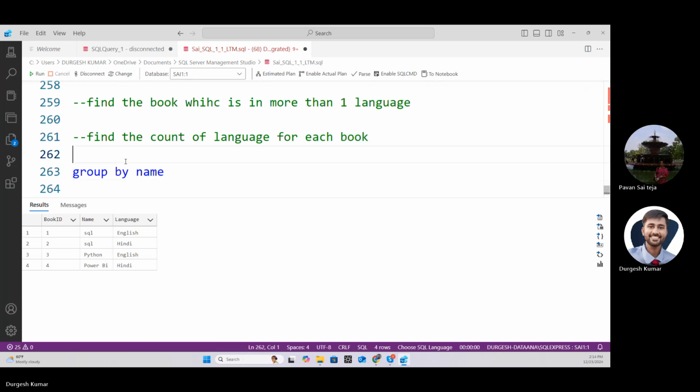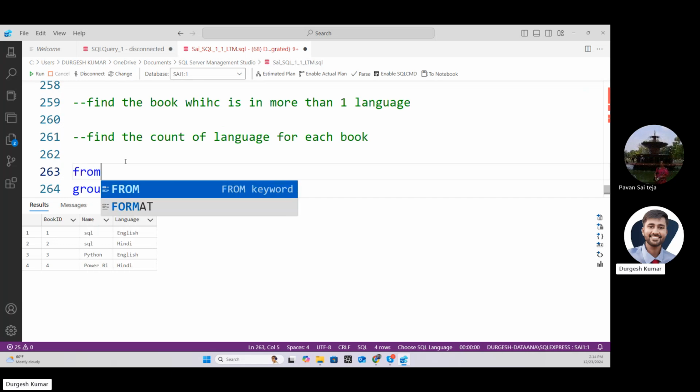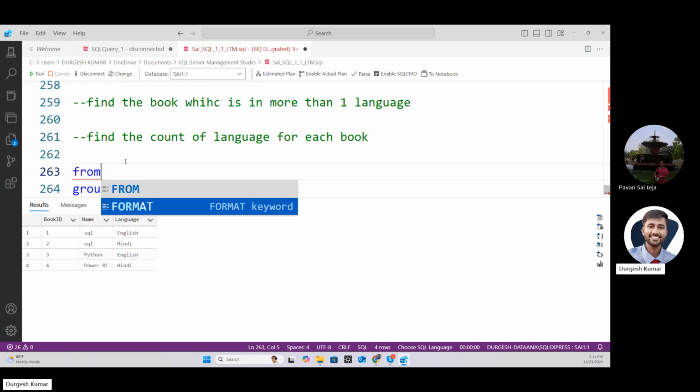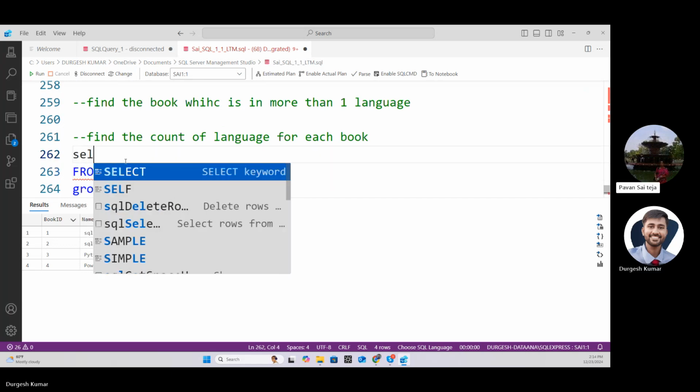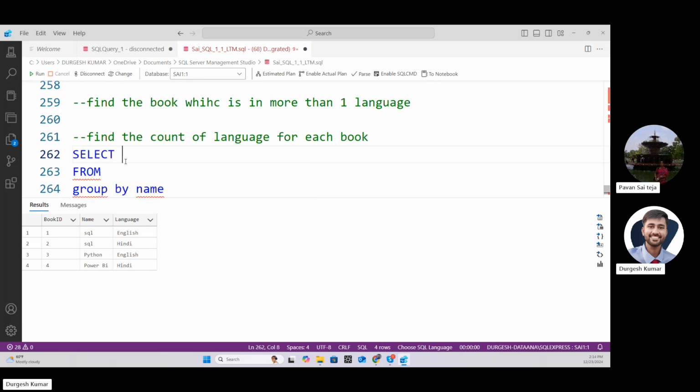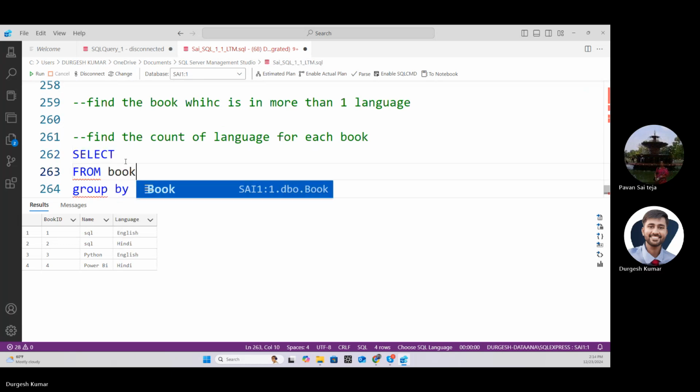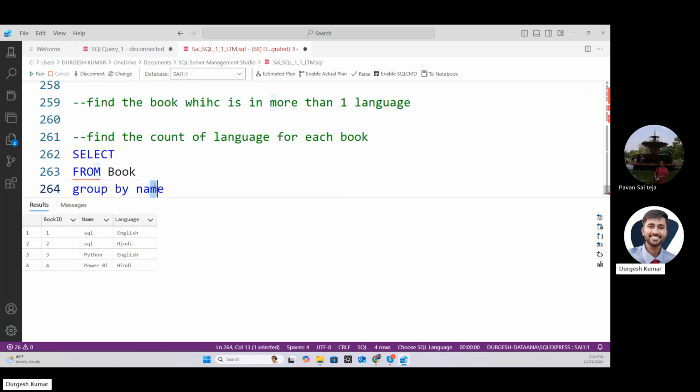Now here you must know from and select are mandatory clauses, right? So you will write select name, and this name will be in your select, correct?